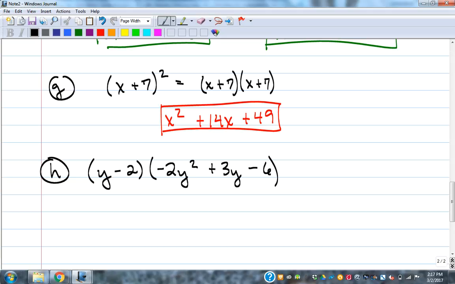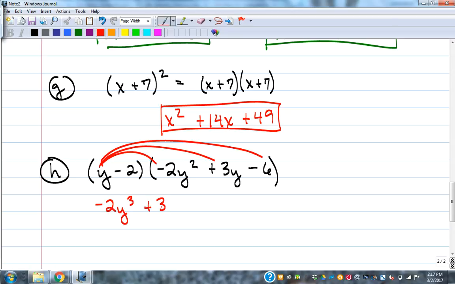Okay. And so distribute the y to everybody in the other parenthesis. So that's negative 2y cubed, 3y squared, minus 6y. And then distribute the negative 2 to all 3.